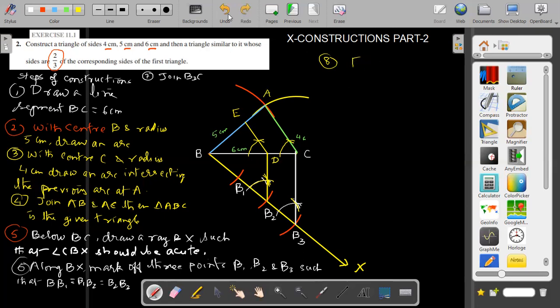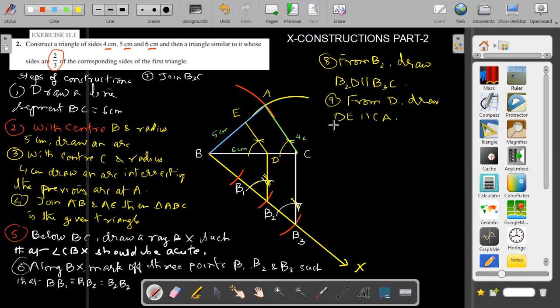From B2, draw B2D parallel to B3C, and 9: from D, draw DE parallel to CA. That's it.